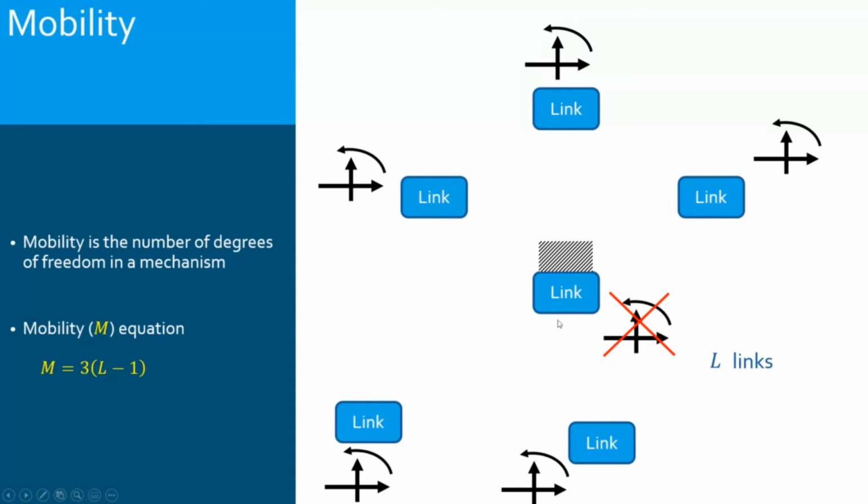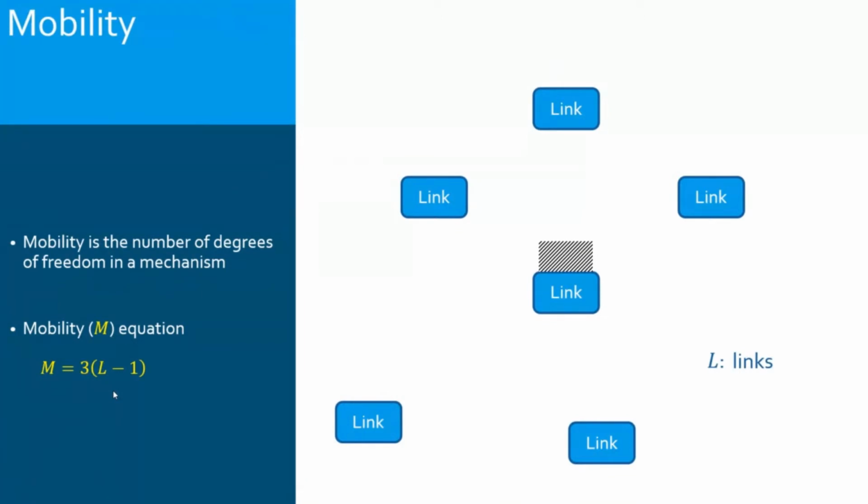So instead of having 3 degrees of freedom, now I have only available in the mechanism 3 times L minus 1. Okay. Now I removed the degrees of freedom one by one. Why?